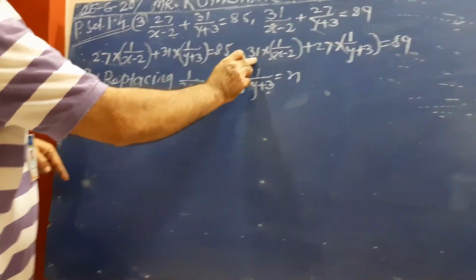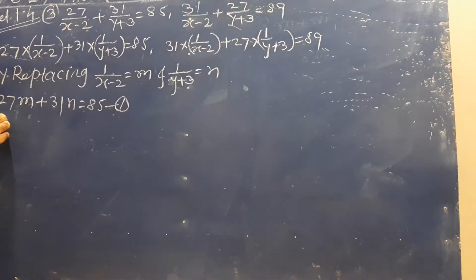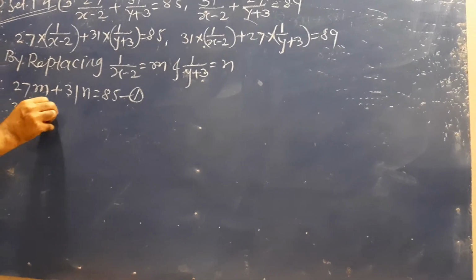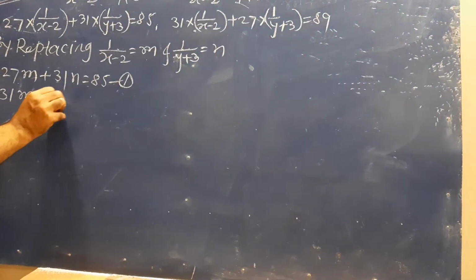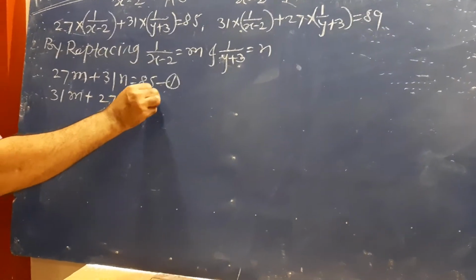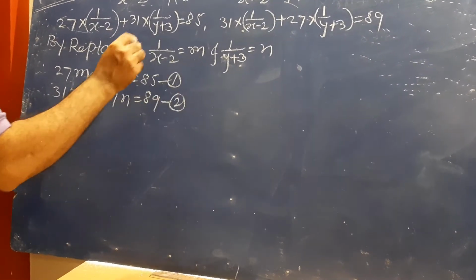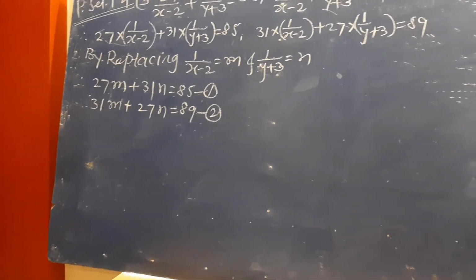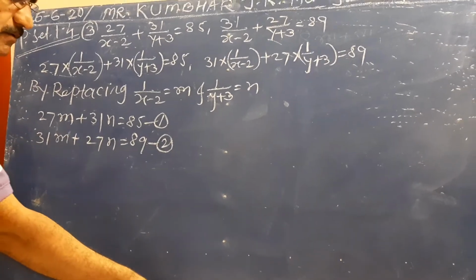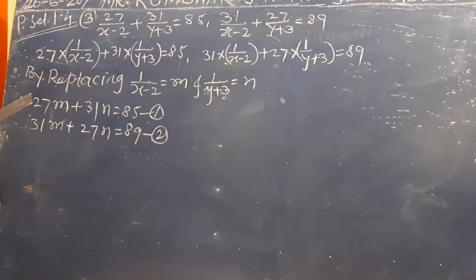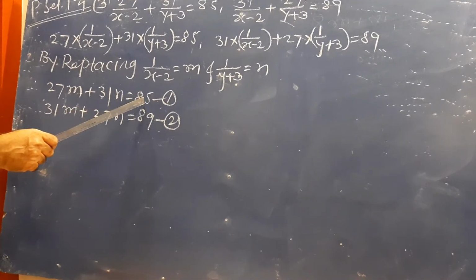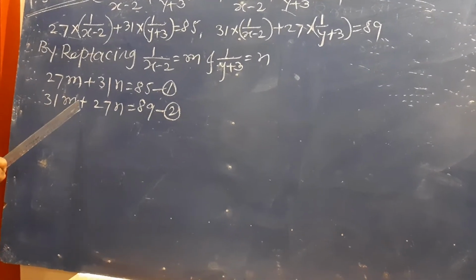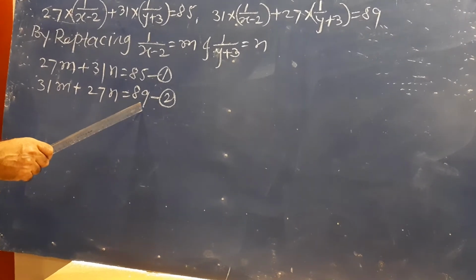Similarly here 31m plus 27n is equal to 89, equation number 2. Now see these equations. 27m plus 31n is equal to 85 and 31m plus 27n is equal to 89.